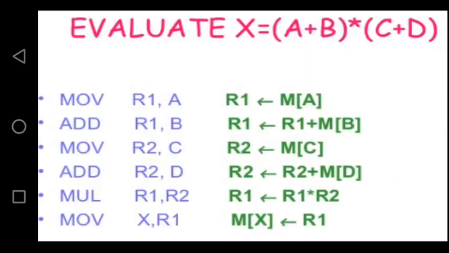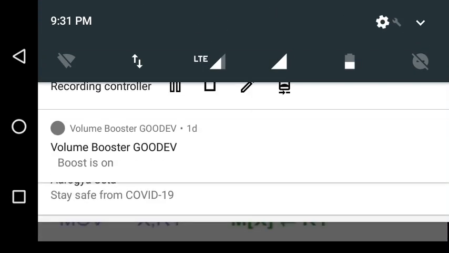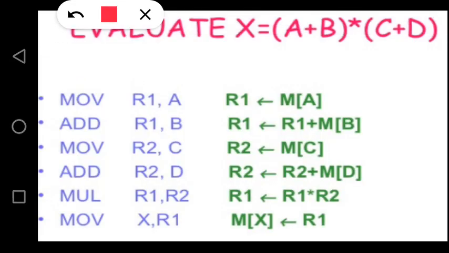Next we will see, if my computer supports only two address instructions, then how to evaluate this expression? We'll see how to evaluate x is equal to, again the same expression.